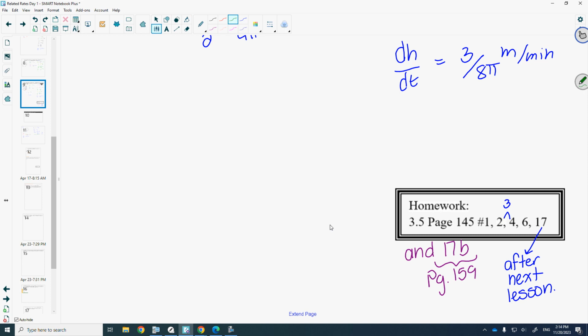Okay, you guys, this lesson you're only doing 3 questions. You're doing question 4, question 6, and then I want you to add 17b on page 159. It's a balloon being inflated, is what 17b is. On page 145, 17, I got to teach something in tomorrow's lesson for this guy. So again, just 4, 6, and 17b on 159.